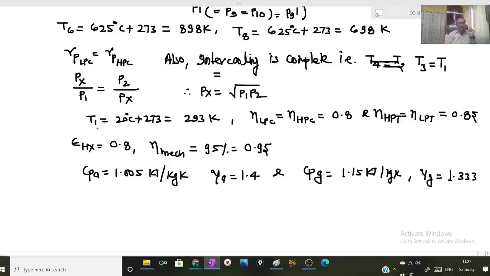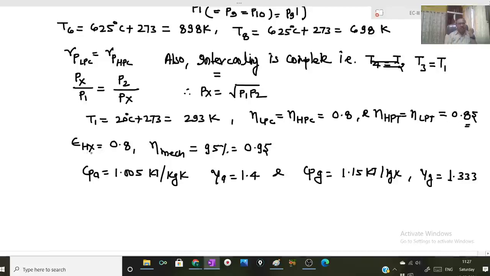Then inlet temperature to the compressor is given, that is air is being sucked from atmosphere at 20 degrees Celsius, 293 Kelvin. Isentropic efficiencies of both the compressors are same, 0.8. Similarly, isentropic efficiencies of both the turbines are same, 0.85.